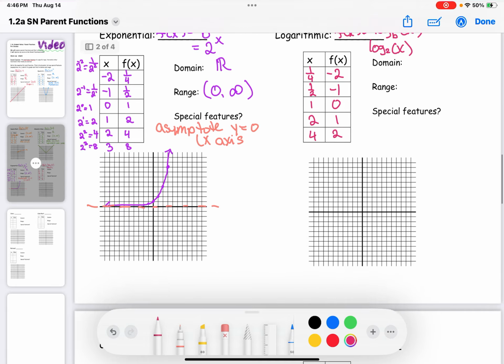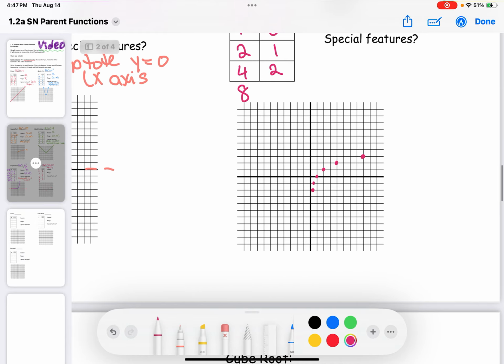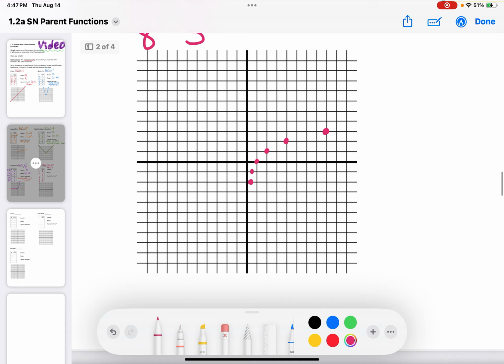So if we plot these: x of 1/4 had a y of -2, x of 1/2 had a y of -1, and x of 1 had a y of 0, then (2, 1), (4, 2), and (8, 3). I may not have written that one down. So it's the same shape as the exponential, but going the other direction.